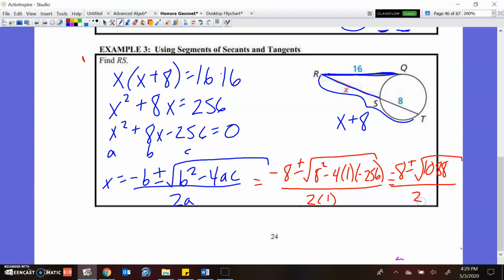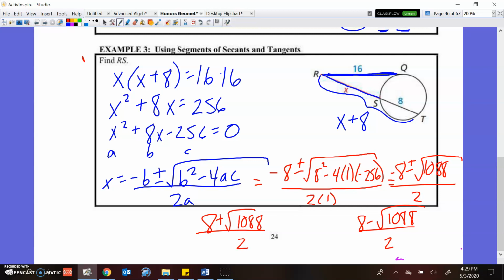all over 2. So I really have negative 8 plus the square root of 1088 over 2, and I have negative 8 minus the square root of 1088 over 2. Okay, all right, so I'm just going to do that first one. Negative 8 plus the square root of 1088, get an answer and divide that by 2.